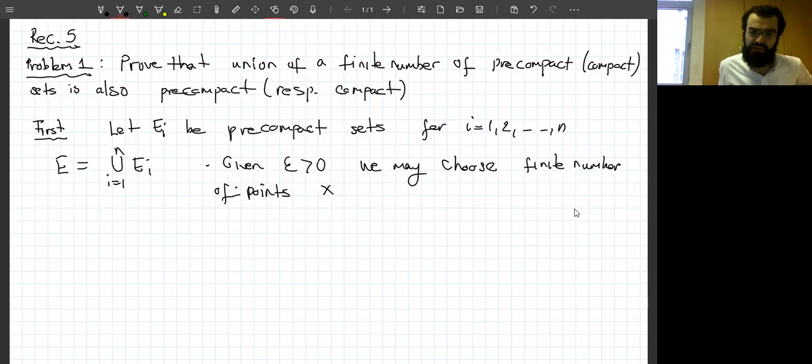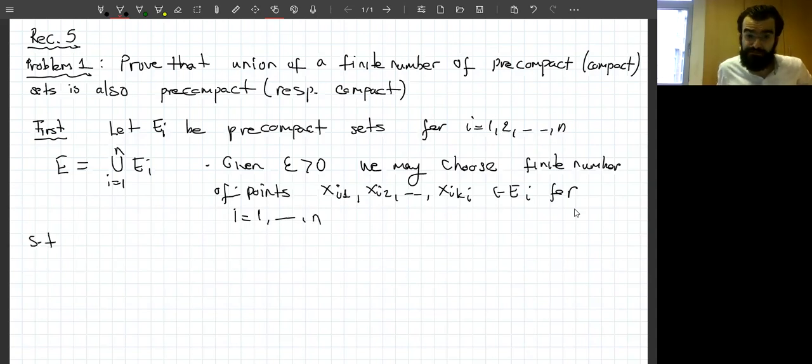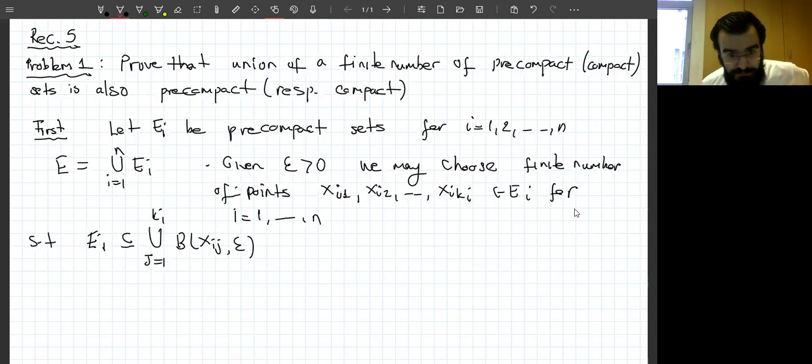So let's call for each i, x_i1, x_i2 up to x_i,k_i in E_i for i equals 1 to n, such that E_i is a subset of the union of balls around this finite number of points. Isn't it? Yes.